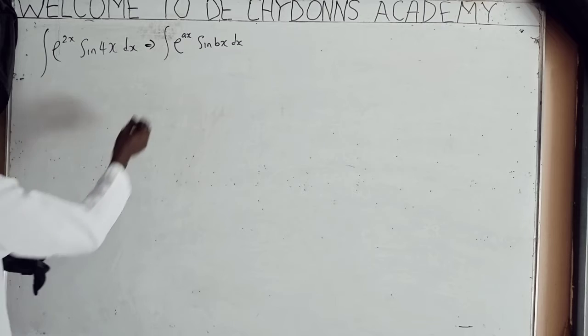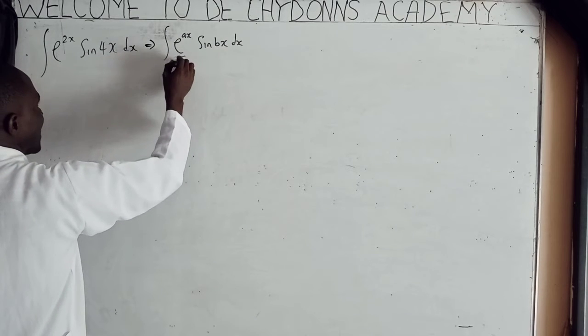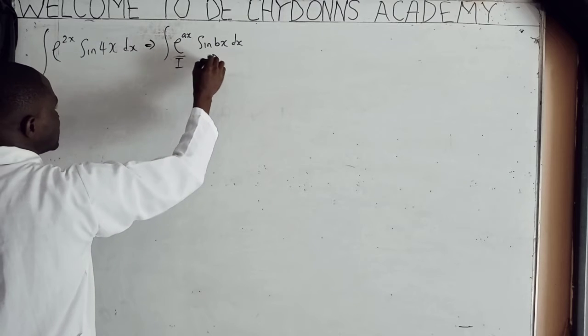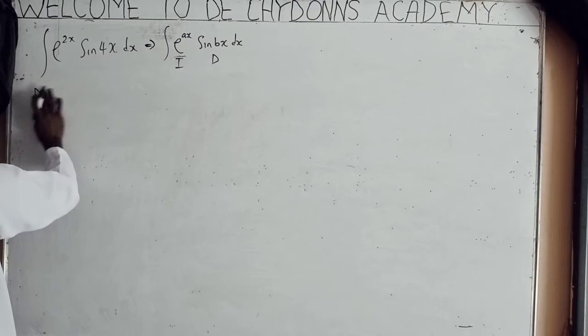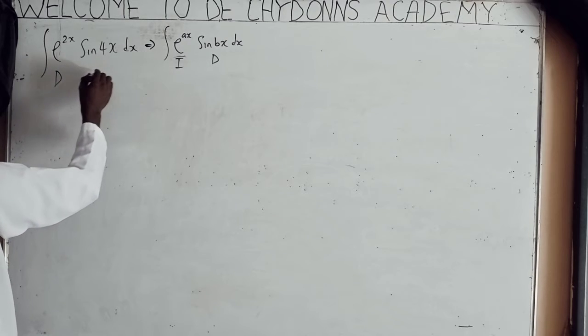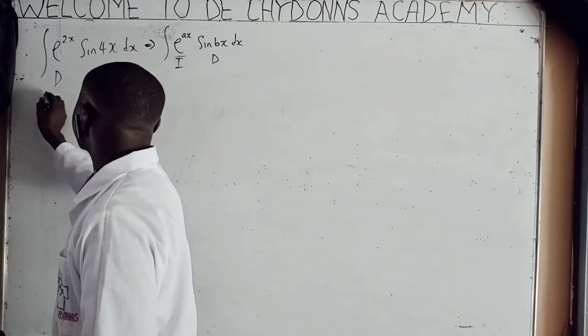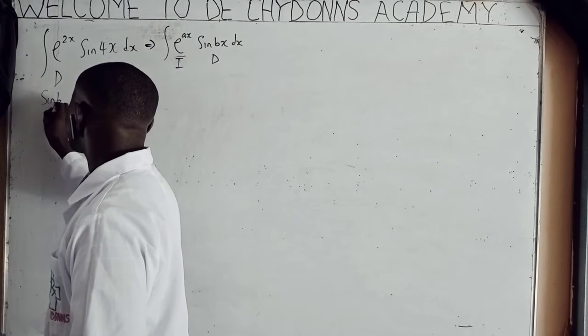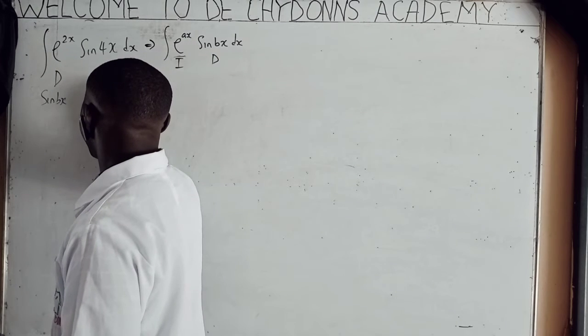Then I will call this D, I will call this I, and put it in a tabular form, D slash I. My D is sine bx and my I is exponential ax.